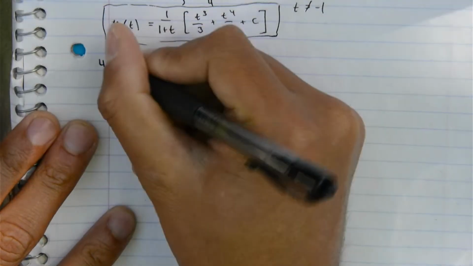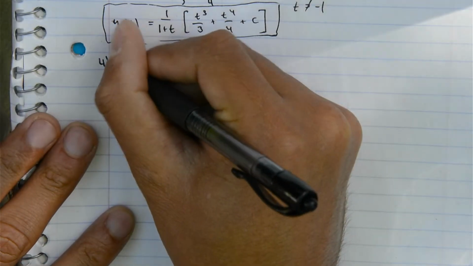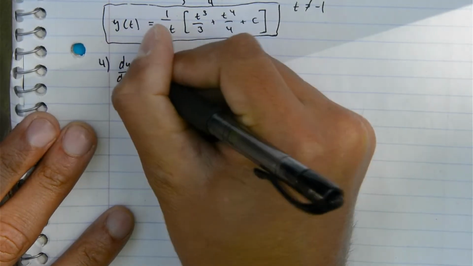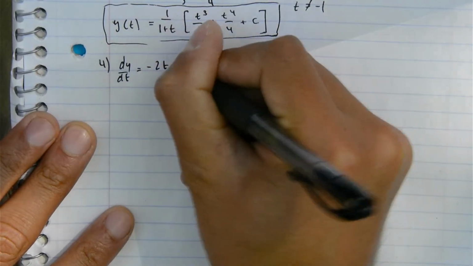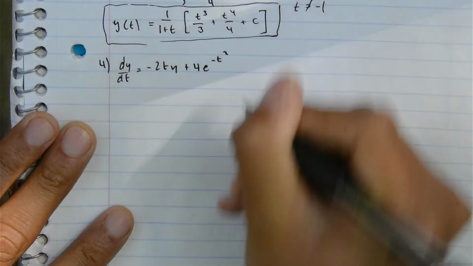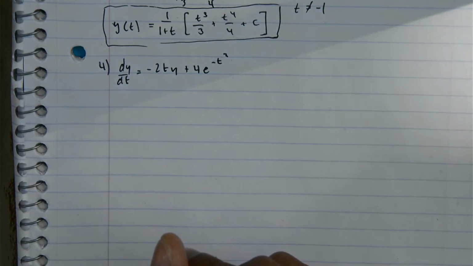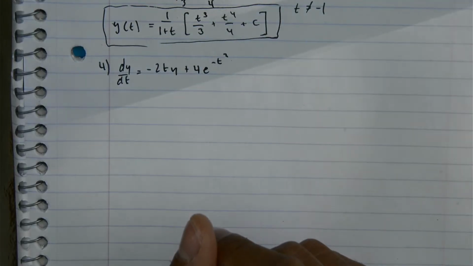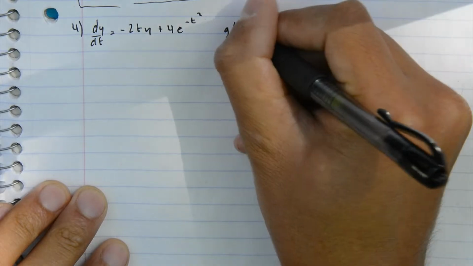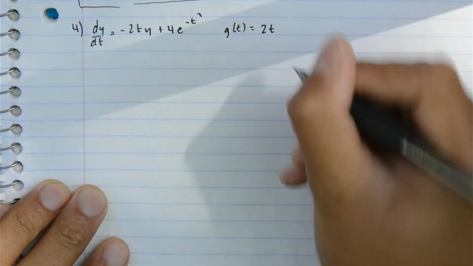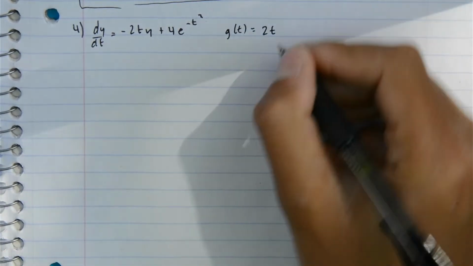Number 4 is dy dt is equal to minus 2ty plus 4e to the minus t squared. Okay, g of t is equal to 2t.